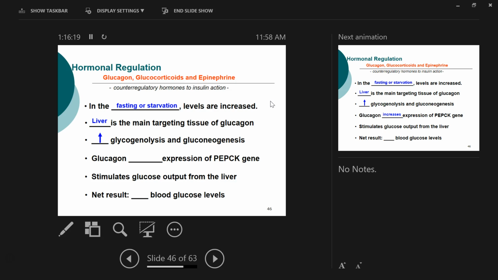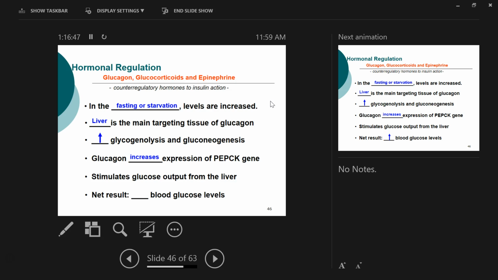And how about PEPCK gene expression or activities? How does glucagon regulate PEPCK? What do you expect? Activates, right? Activates or increases expression of the PEPCK gene, and so then can stimulate the glucose output from the liver, right?